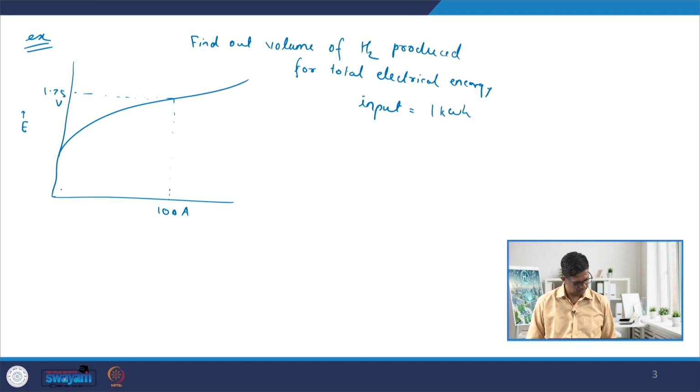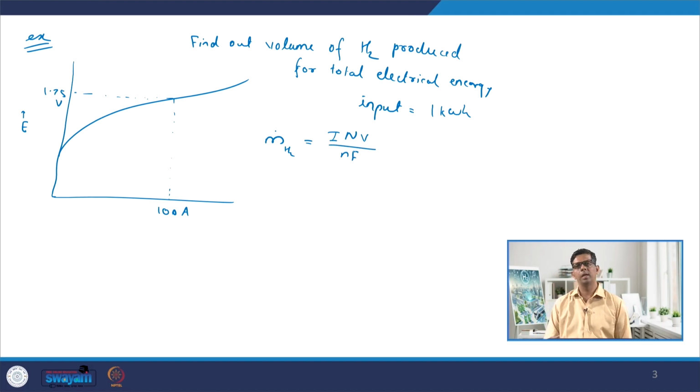Let us start with the calculations. Let us first find out the volume of hydrogen produced. We already know the formula, which is InV by nF. It is the same formula that we can use in case of fuel cells. In that case, this flow rate of hydrogen will be input to the cell, and the same formula can be used in case of electrolysis if you want to find out the hydrogen output.